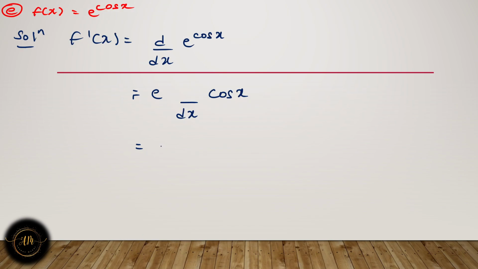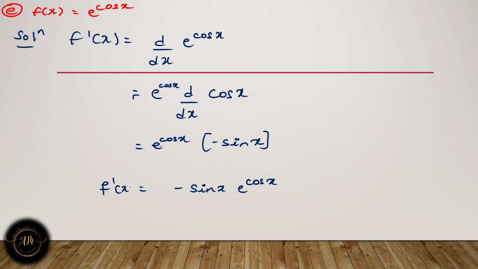E power cos x into minus sin x. We can write it in this format. Minus sin x into e power cos x is nothing but our f dash x.